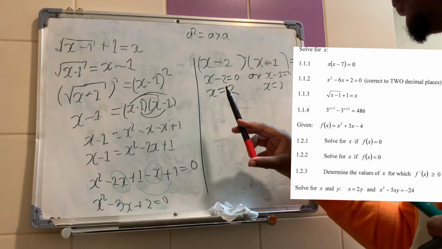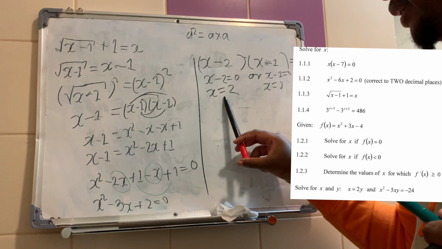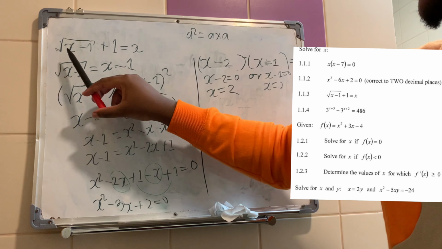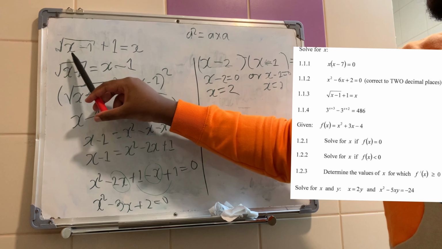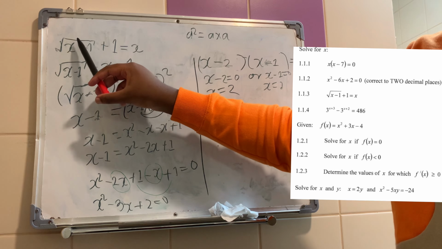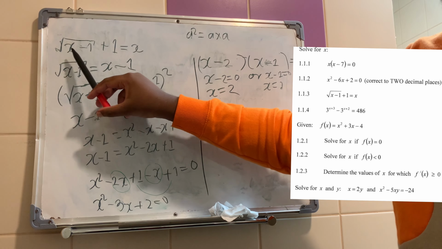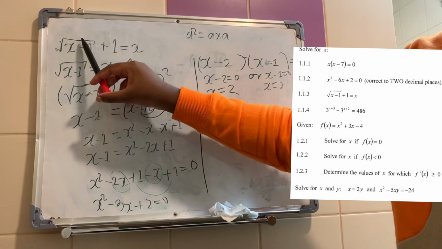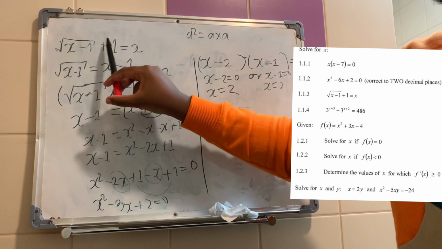So how can you check? If x is equal to 2, then 2 minus 1 is 1, the square root of 1 is 1, plus 1 is going to be 2.